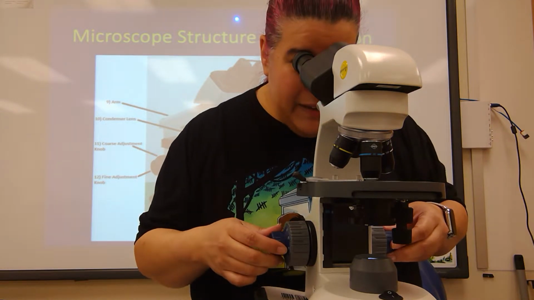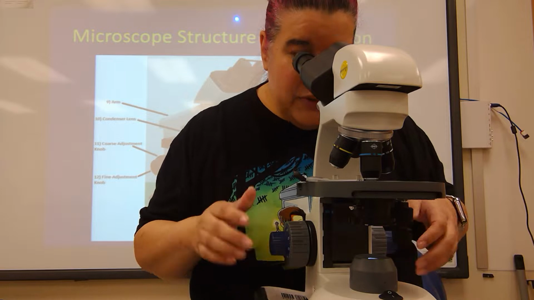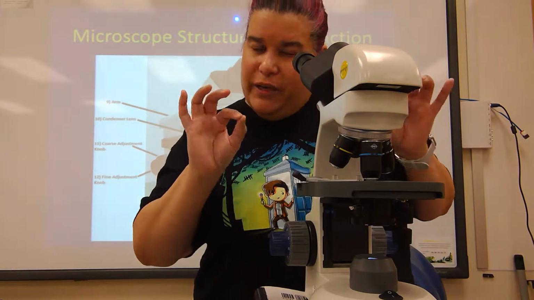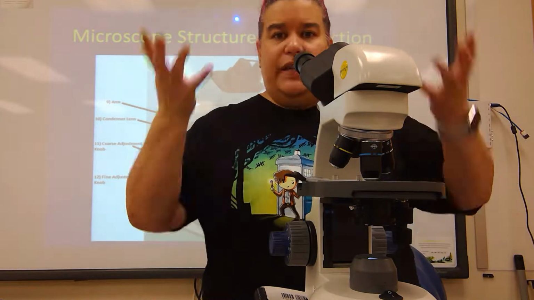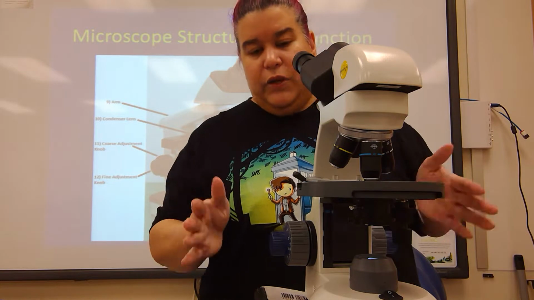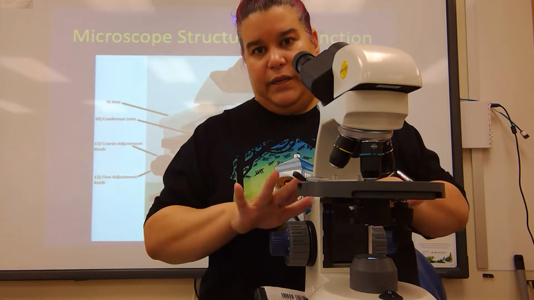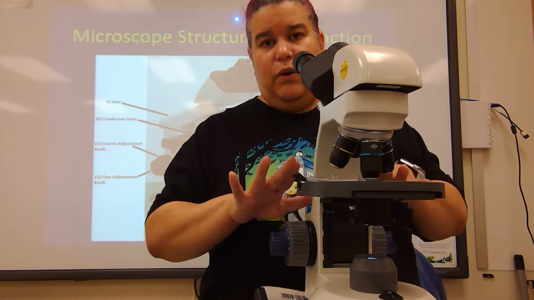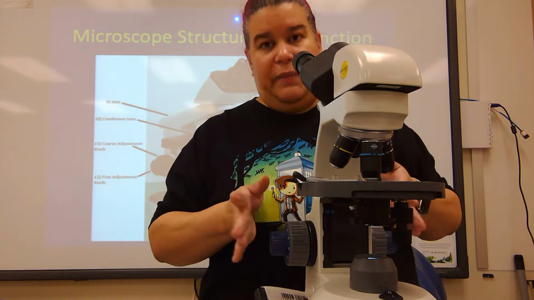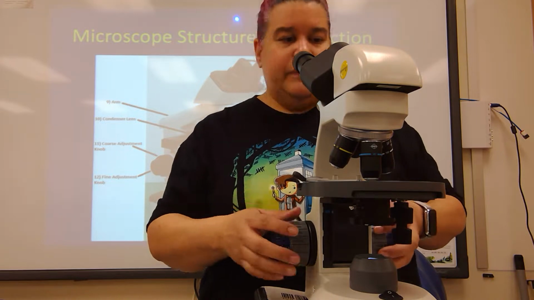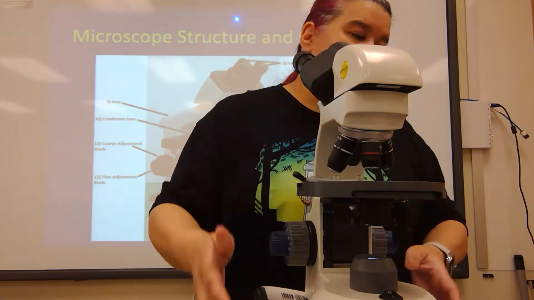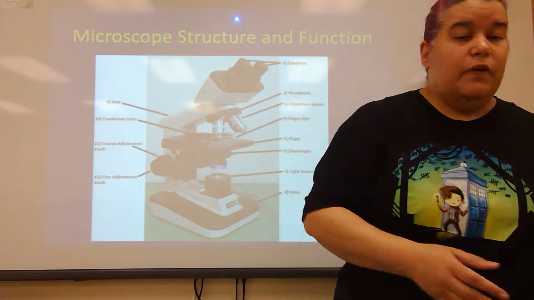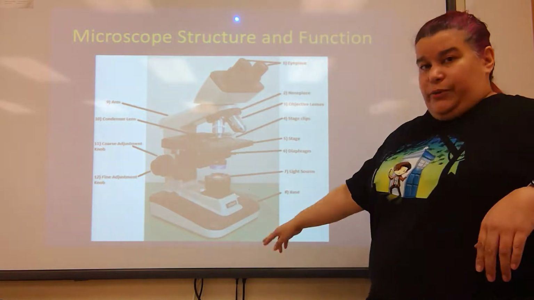And that allows me to move the stage to focus without necessarily moving the stage a lot. So I've got my coarse adjustment knob and my fine adjustment knob. Okay? So I've got those two.